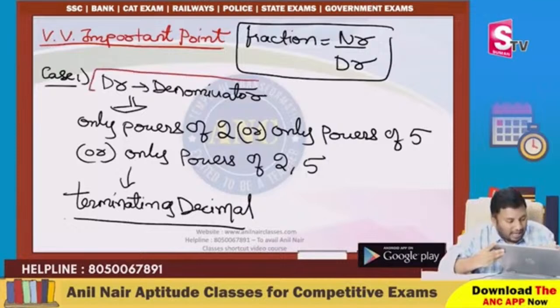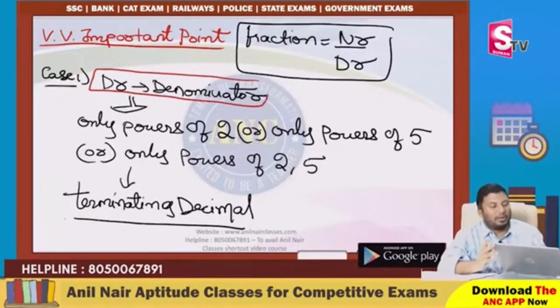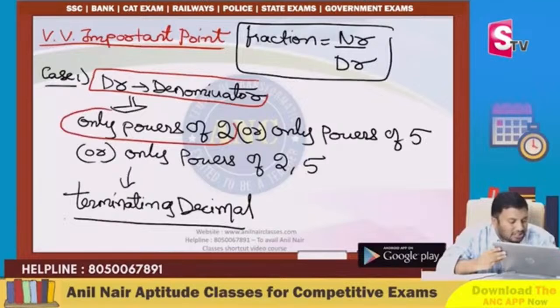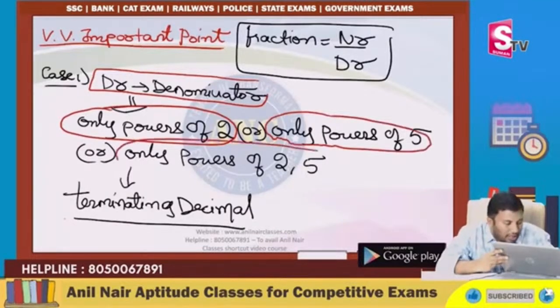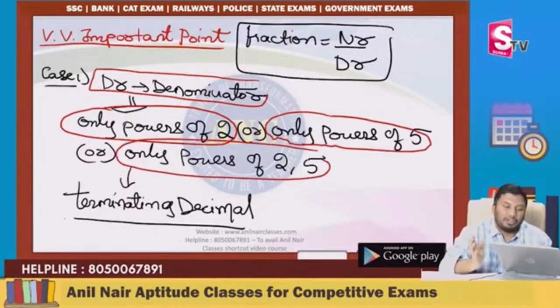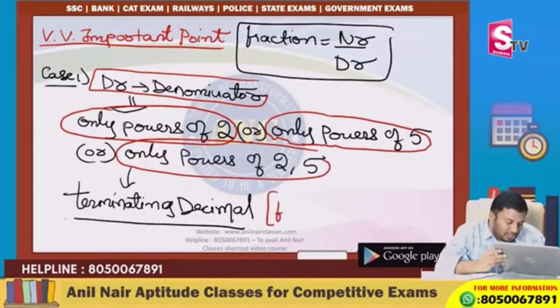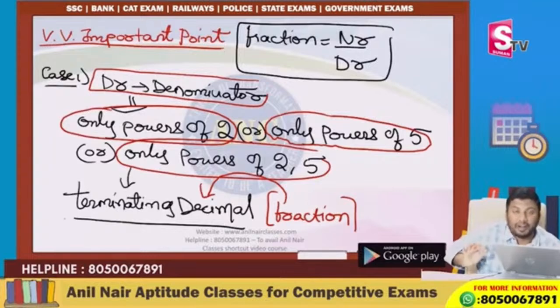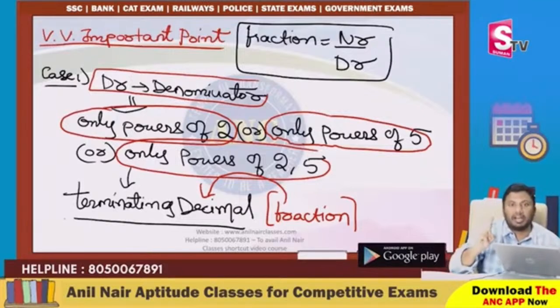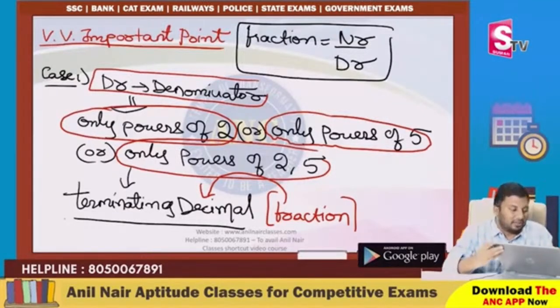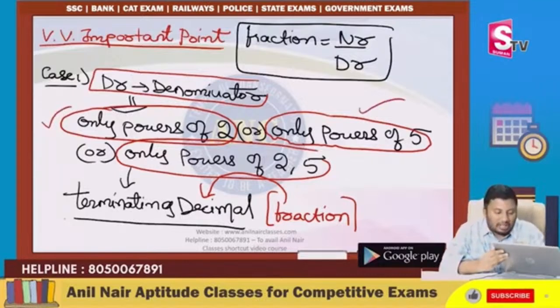If the denominator takes only powers of 2, or only powers of 5, or only powers of 2 and 5, then without even computing, you can say that the fraction will result in a terminating decimal.